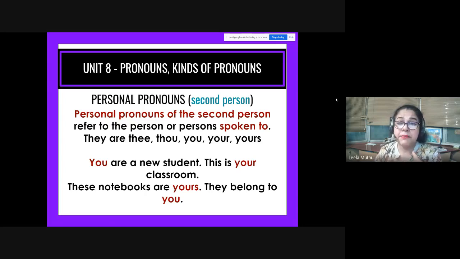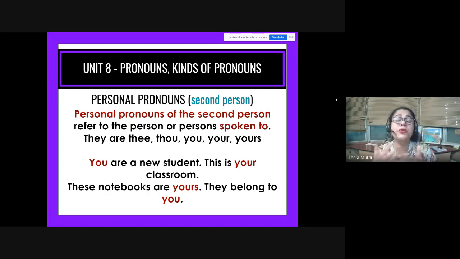let's go to the personal pronouns of the second person. Okay, so they are referring to the person or the persons who are being spoken to. Now, when I'm talking right now, or let's say me and my daughter are talking, we're talking to you, one on one.